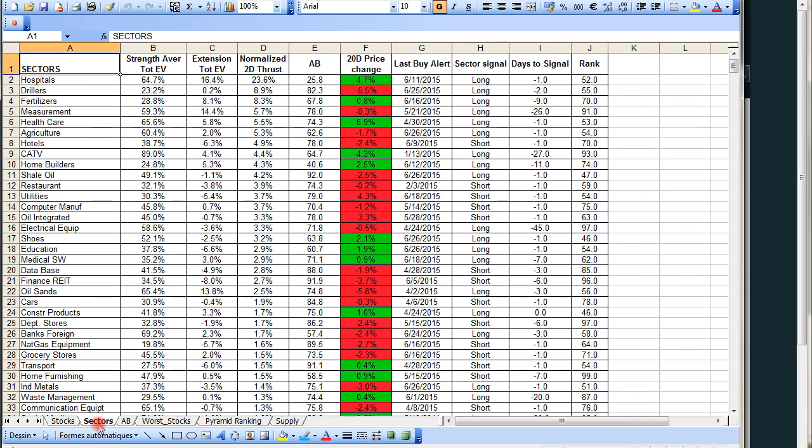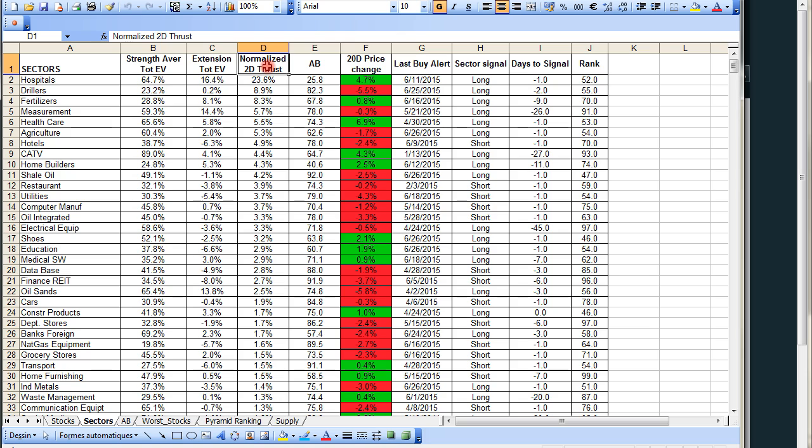So here is the information about sectors. You can see in this sheet that sectors are ranked by the 2 days trust, which means how much money has come into each sector for the past 2 days.